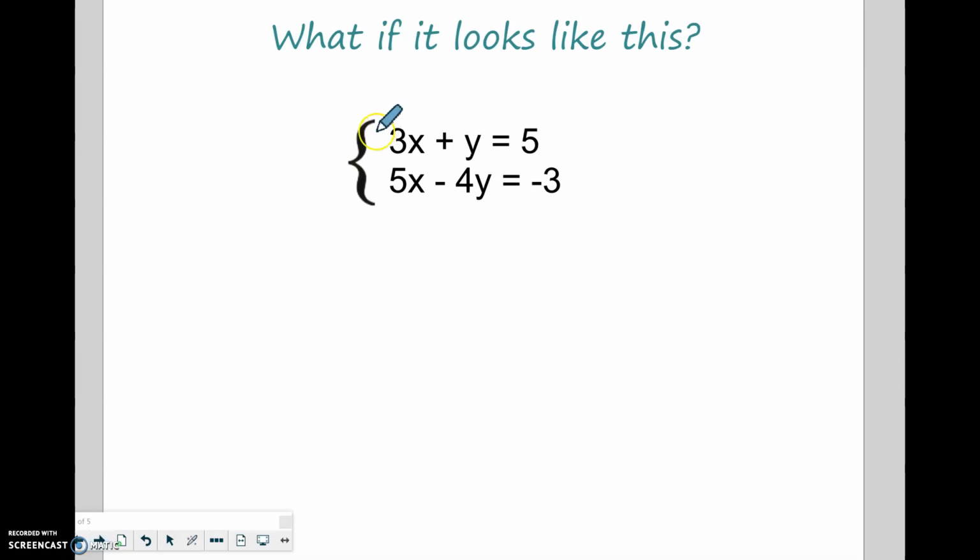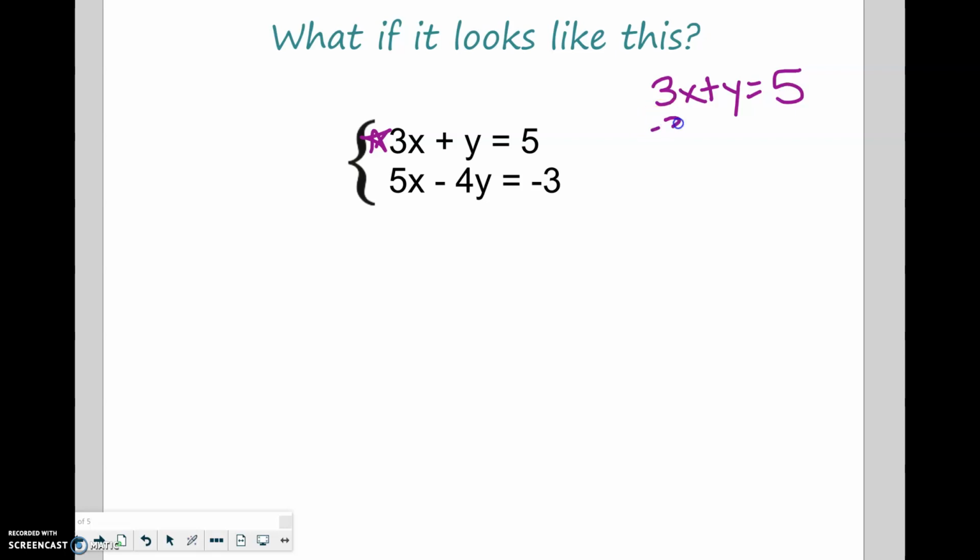So if I'm looking at this top one, this one would be pretty easy to change so that I can get y by itself. Because we've talked about how we can move things around to get them into slope-intercept form. This is the same exact thing.